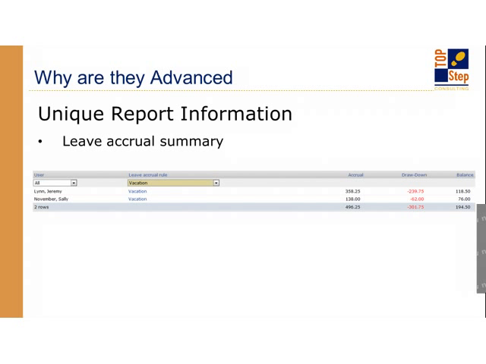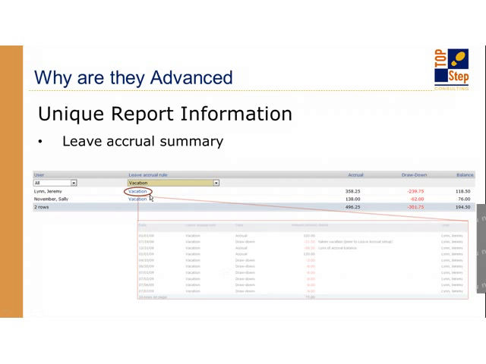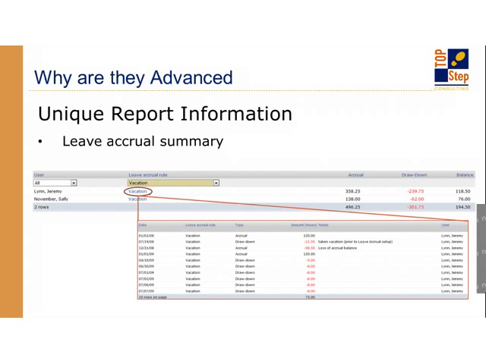Now, again, we see the blue here, so I know I can do something. If I go ahead and click on this, I can drill down into the details, and it's actually the leave accrual transaction report. So it's a transaction detail report, and shows you all of the detail here.